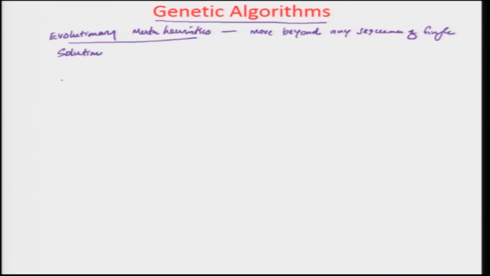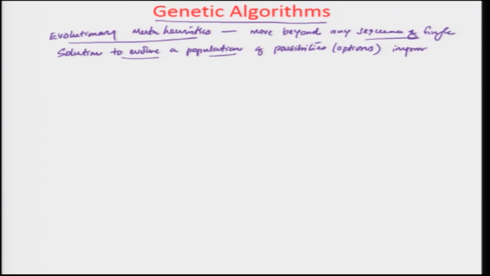You move outside the single solution approach that we already mentioned, to evolve a population. So you are not moving from one solution to another, but trying to evolve a population of possibilities, or a population of options.